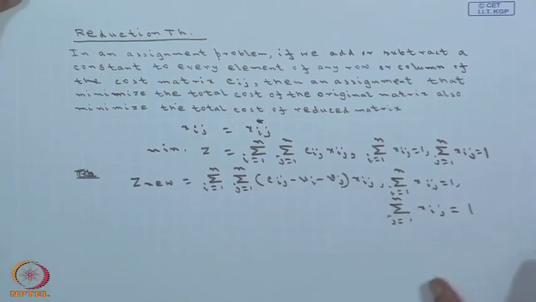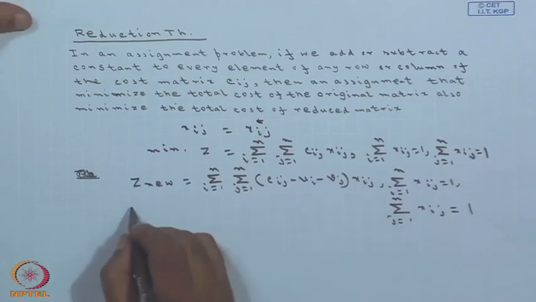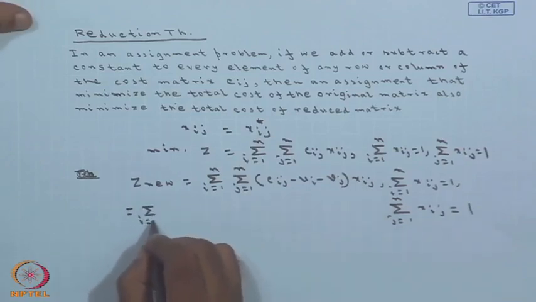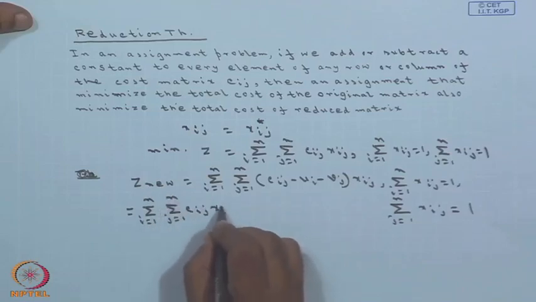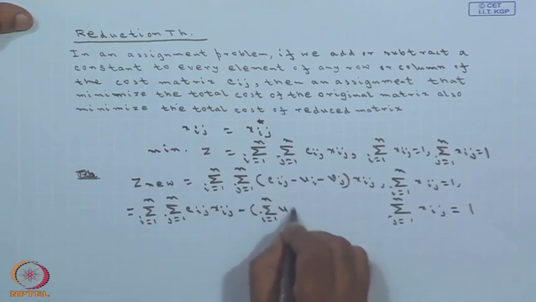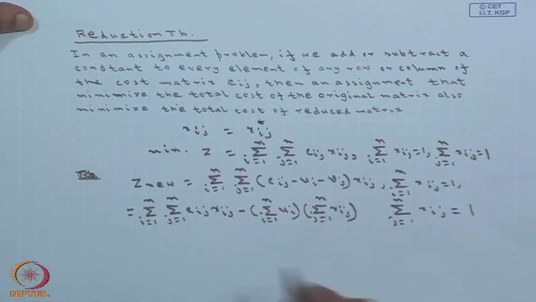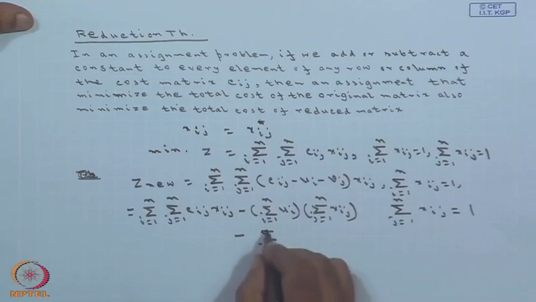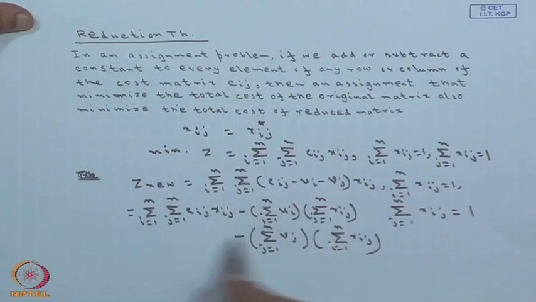If you see, the proof is very clear. z new equals summation over this into x_ij. So you can write this as summation i equals 1 to n, summation j equals 1 to n, C_ij x_ij, minus summation i equals 1 to n u_i into summation j equals 1 to n x_ij, minus summation j equals 1 to n v_j into summation i equals 1 to n x_ij.